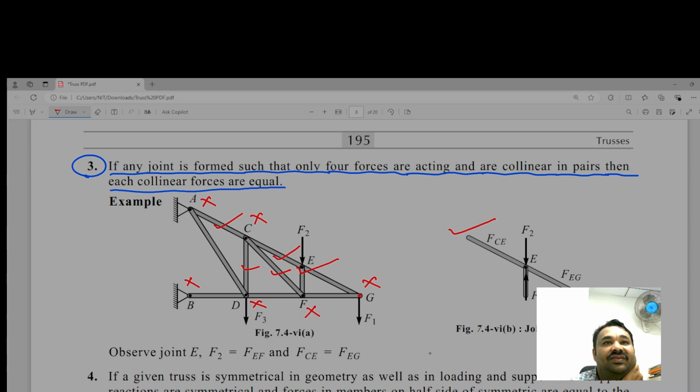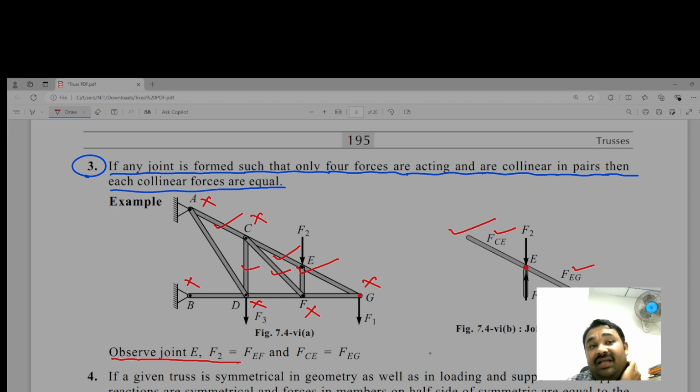So you can see here the force F2 is acting at joint E, and this is the force in member FEF, and the other members are FCE and FEG. As per the observation, at joint E, F2 is equal to FEF, and FCE is equal to FEG.